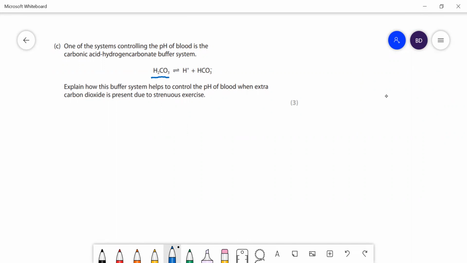I think what we need to say is, extra CO2. CO2 reacts with water to form carbonic acid in the blood, so you've got a higher concentration of carbonic acid. That means it is going to dissociate according to this equation here.